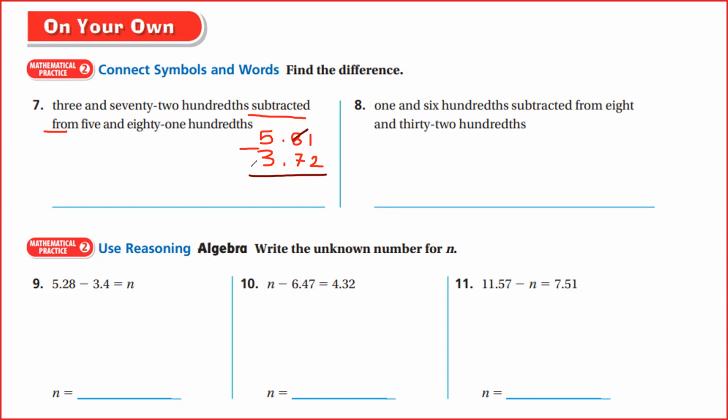Bravo. So you go to the 8 and the 8 will be 7, and the 1 will be 11. Thank you. Then 11 minus 2 is 9. 7 minus 7 is 0. 0 point. 5 minus 3 is 2. Thank you a lot.